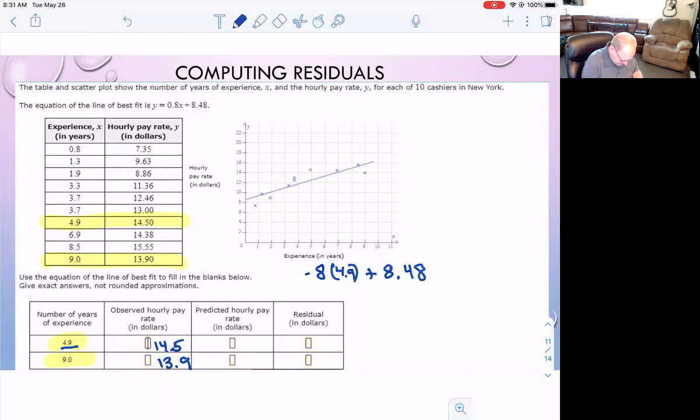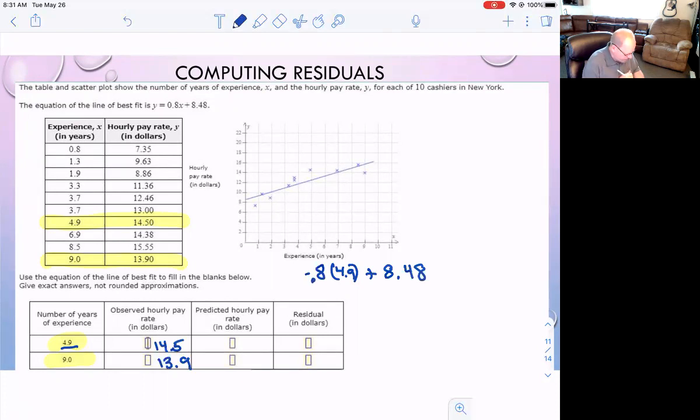I'm going to try this again. Okay, now I'm using both hands. -8 times 4.9 plus 8.48 equals -30.72. Oh, okay, I forgot my decimal point.